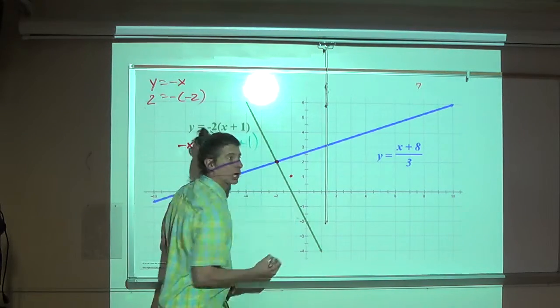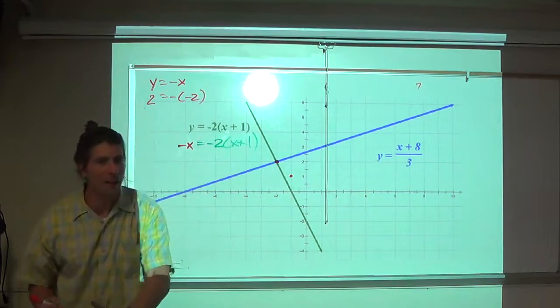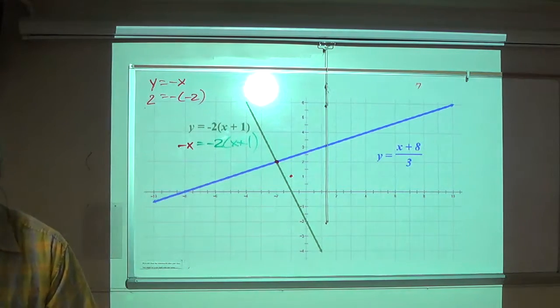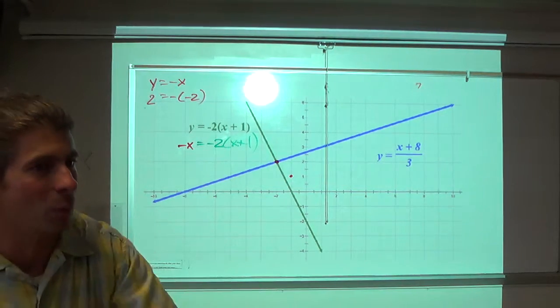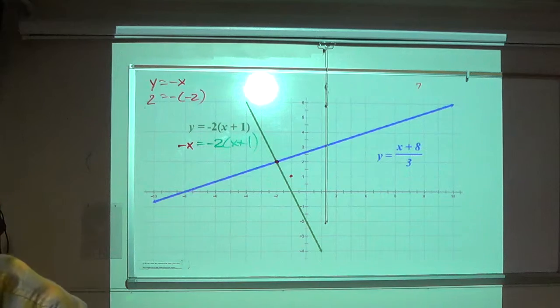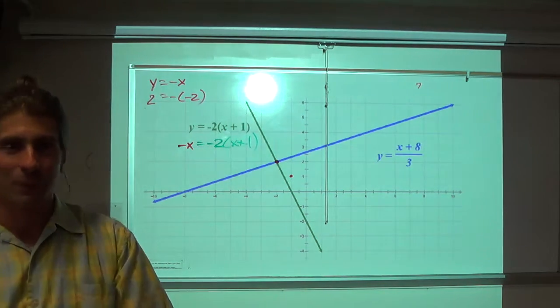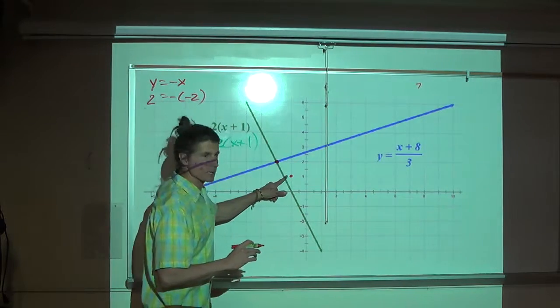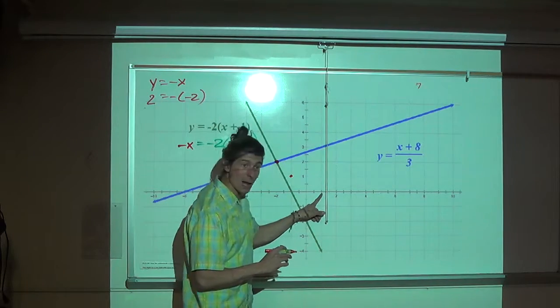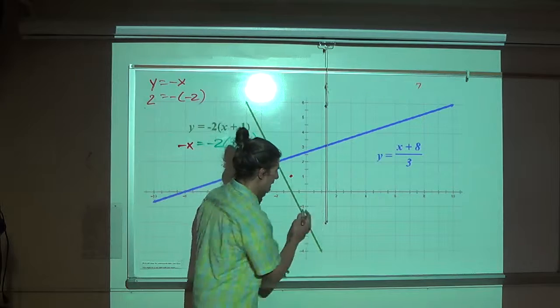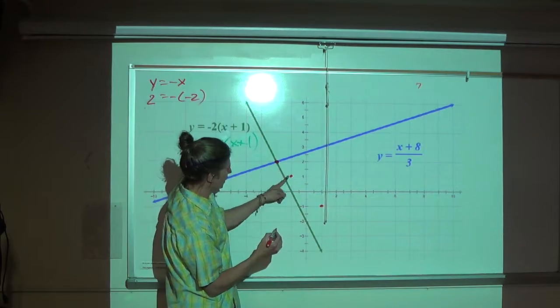It would be right there. Whatever the x value is, the y is the opposite of it. You see how this is different? The last one was whatever the x value was, y was the same thing. This one is whatever the x value is, y is the opposite of it. So if x is negative 1, y is positive 1. If x is positive 1, y is negative 1. What do you notice about all three of those points?